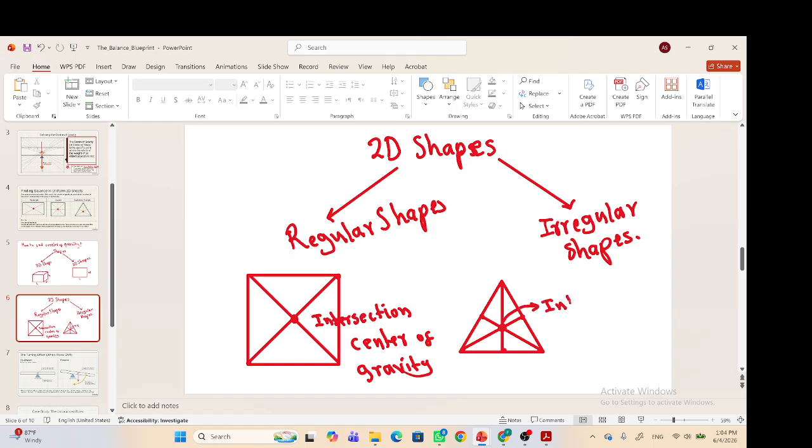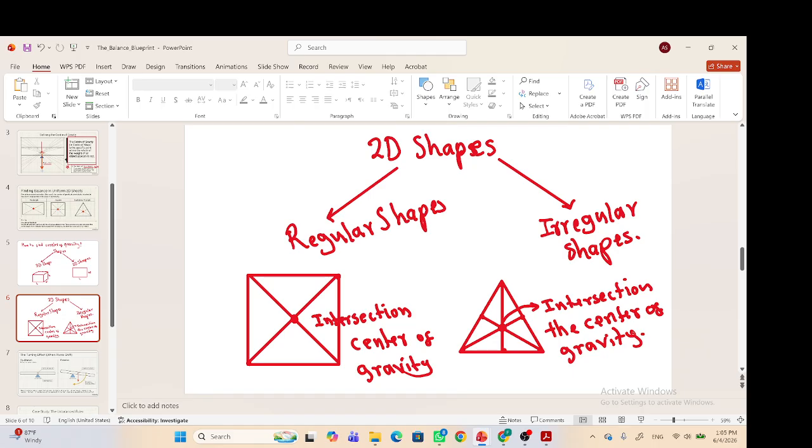This intersection is the center of gravity of this triangle.